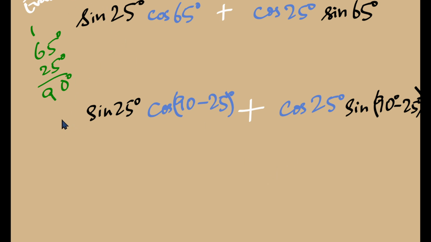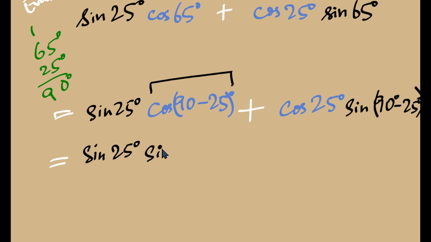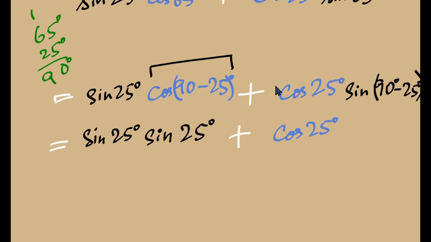So what happens is these both are equal, and the sine of 25 degrees we will keep as such, because this can be written in terms of sine, since they are complementary angles. Cosine and sine are complementary ratios, and these are complementary angles. So I could write this as sine of 25 degrees. And now we have two sines, so maybe we can do something with that. And we know one other identity with sines and cosines.